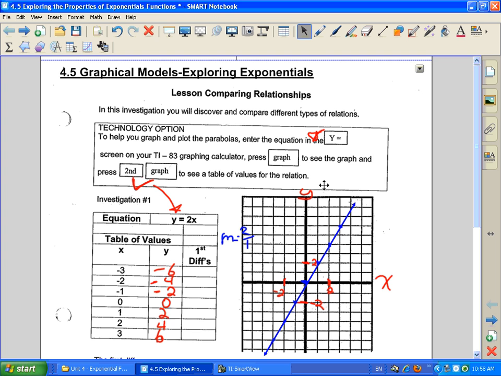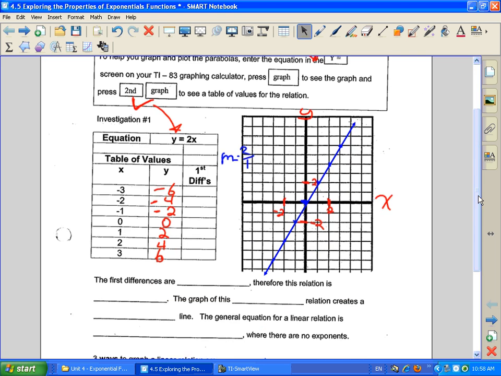Okay. Now it asks us to do what's called the first differences. The first differences is where you take the bottom one and subtract the upper. So I will show you the first. You take 6, subtract 4, which equals 2. Okay. And when you do that, ladies and gentlemen, you're going to find in every case here that the first differences are the same.